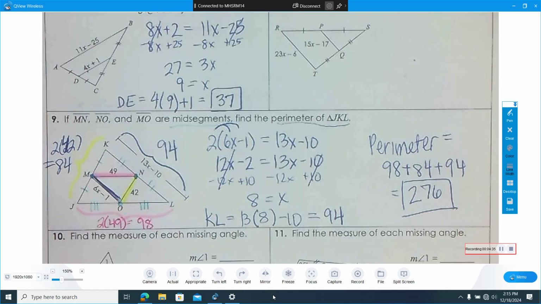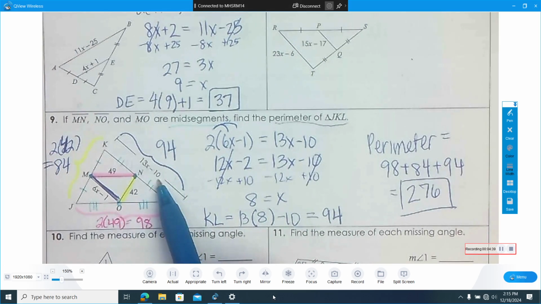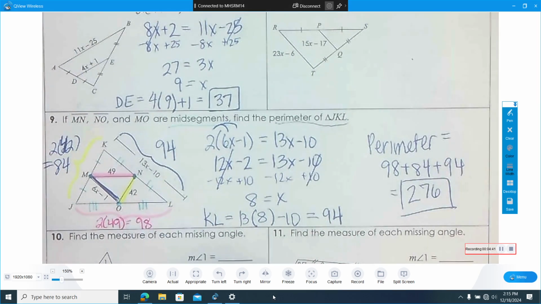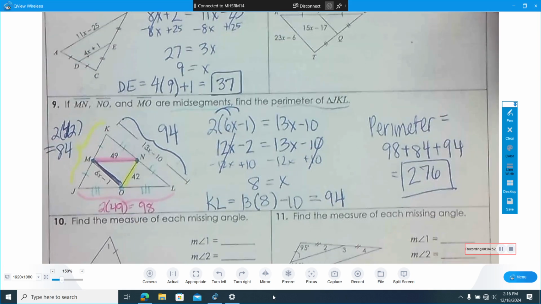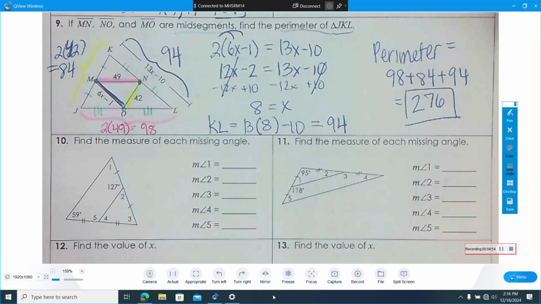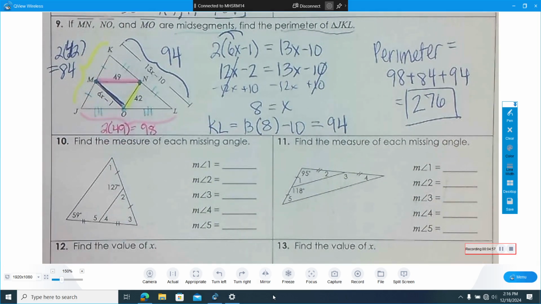Questions on that one? So what's the relationship with the midsegment and the third side it's parallel to? Double or half, yeah? So twice the midsegment, double the midsegment.